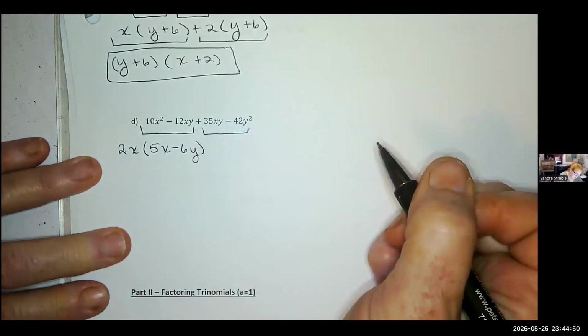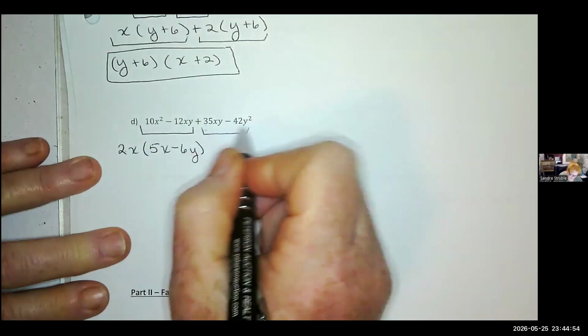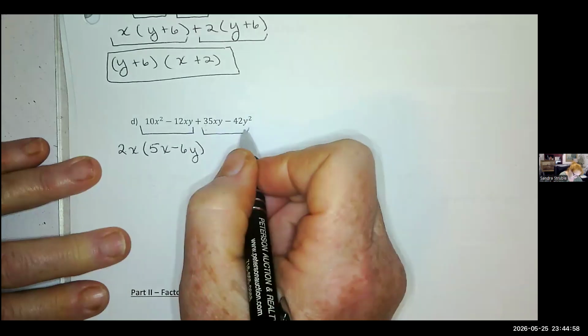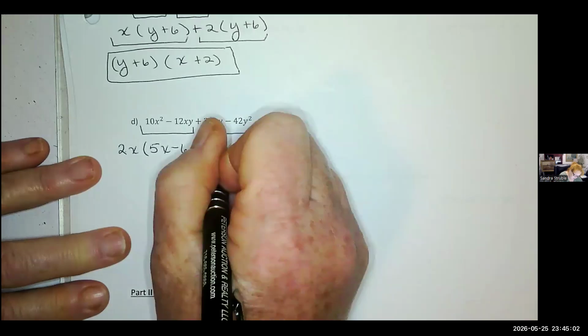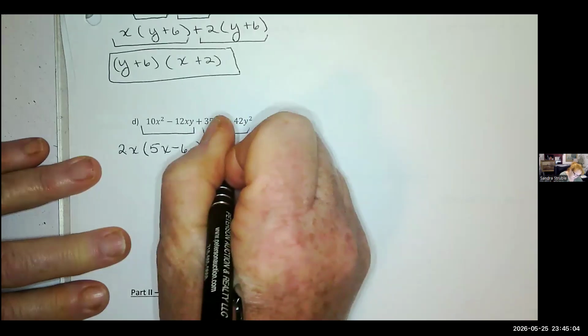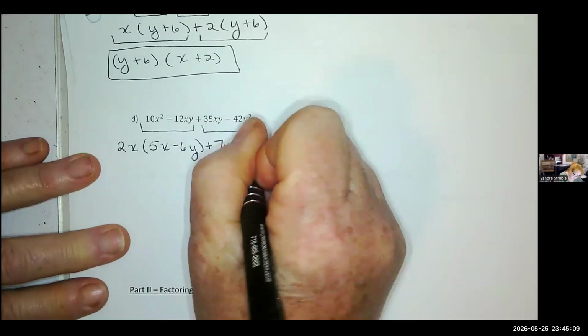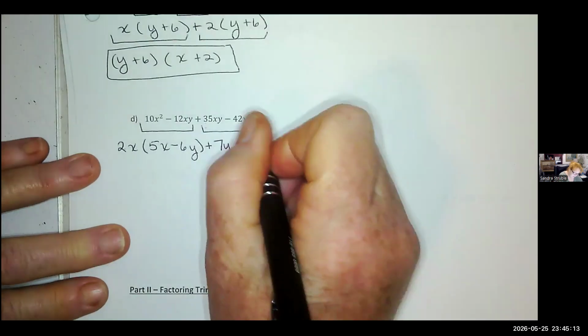Okay, looking at the second two terms, I know they're both divisible by 7, because 7 times 5 is 35, and 7 times 6 is 42. So I'm going to factor out a 7 and a y. And that will leave me with 5x minus 7 times 6 is 42, and we need one more y.